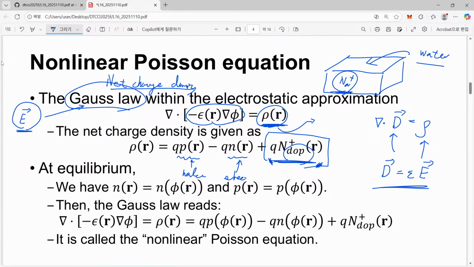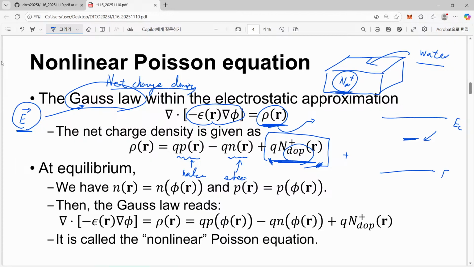Of course, if we consider further, then we can think about other different contributions to this net charge density. For example, if there is a certain state in between the conduction band level and valence band level, highly localized in the forbidden region, then usually we call it a trap.